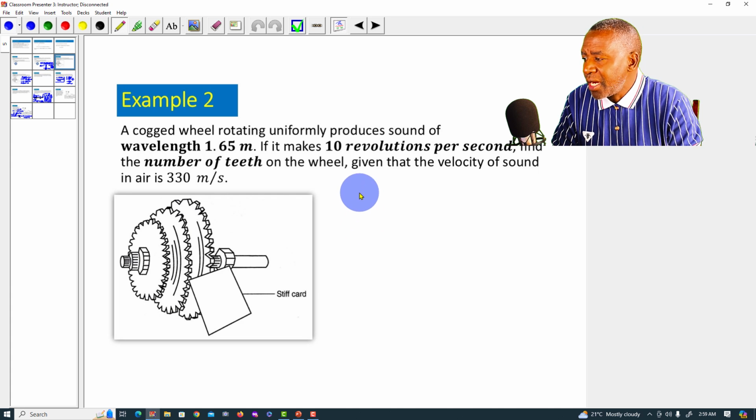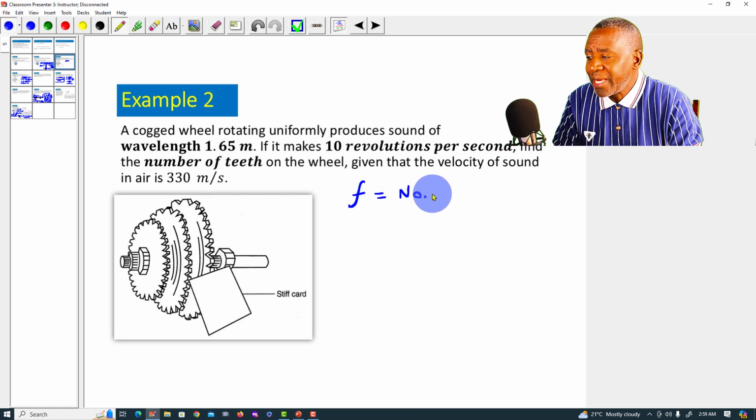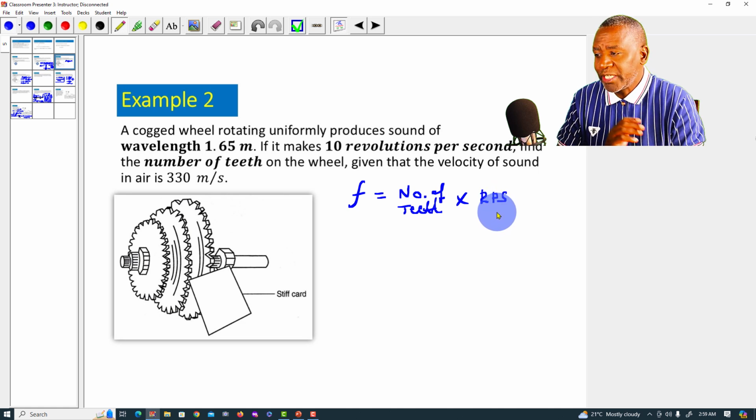Again, here we are going to use the fact that the frequency of the sound which is produced here is going to be given by number of teeth times the revolutions per second, or rotations per second. That is how we can get the frequency.